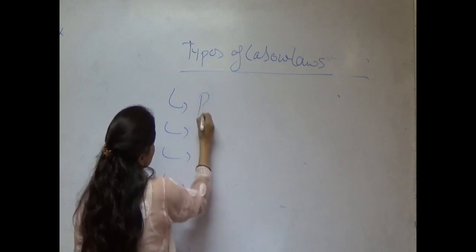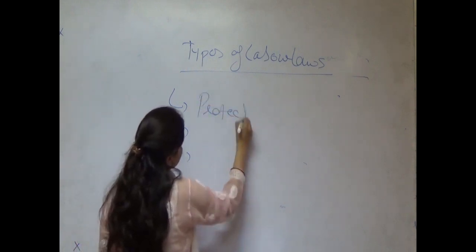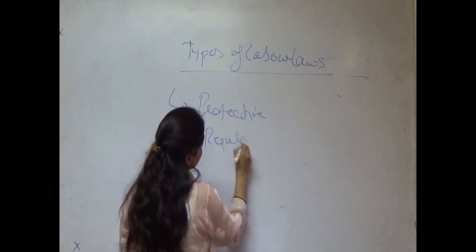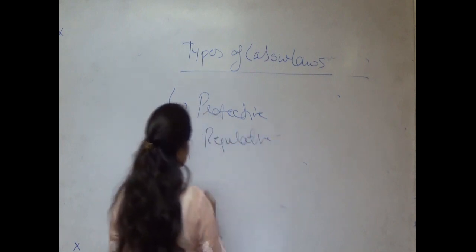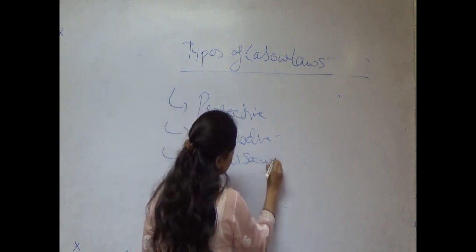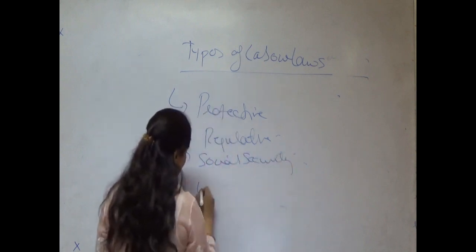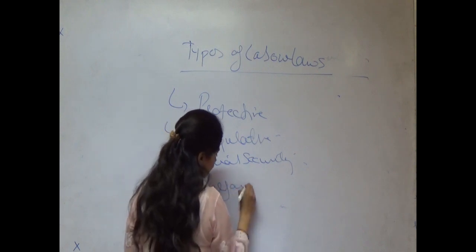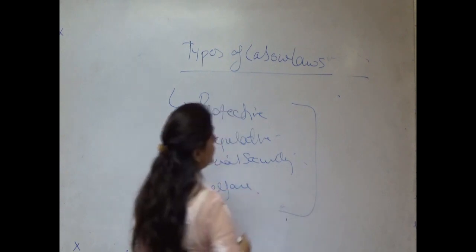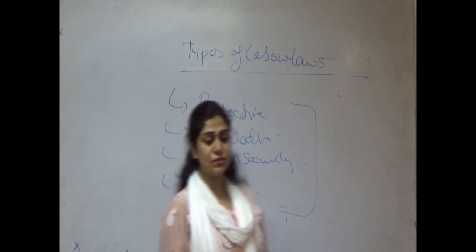The first is protective, the second is regulative, then social security, and last, welfare. These are the four categories. The total labor legislation is classified into four categories.